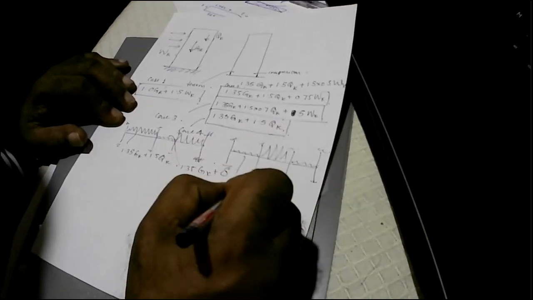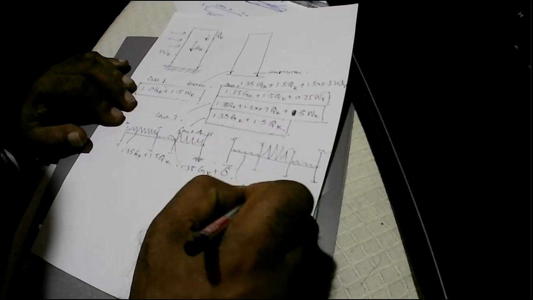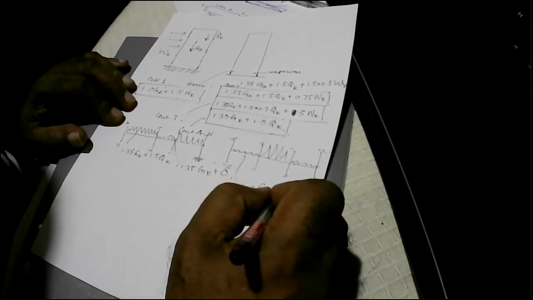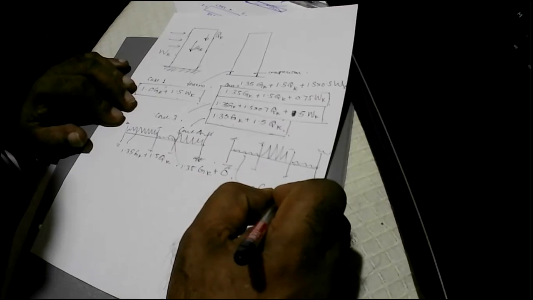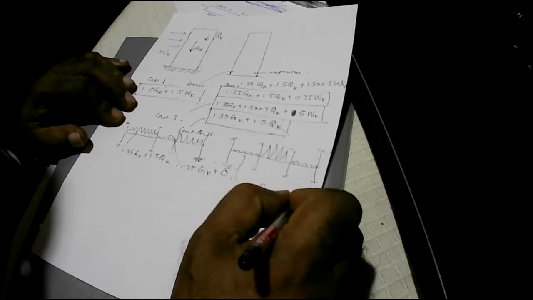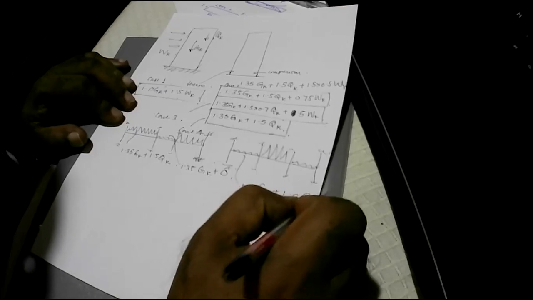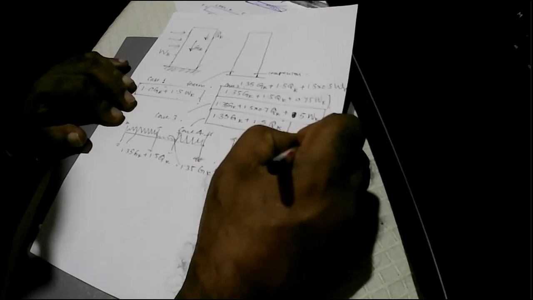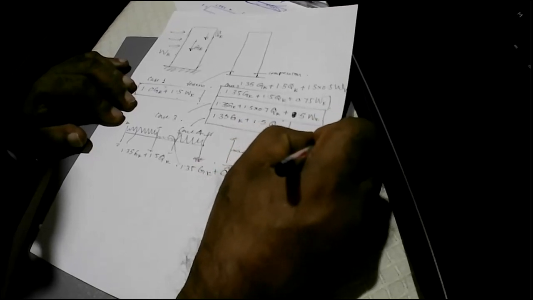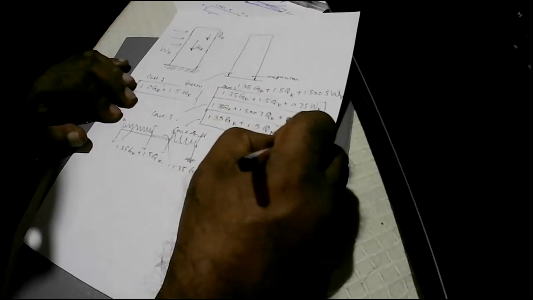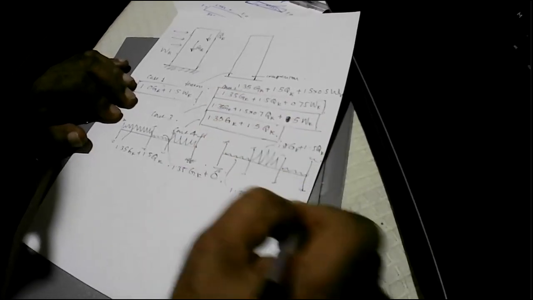And this minimum again will be 1.35 GK plus 1.0 times QK. And the maximum will be 1.35 GK plus 1.5 QK.